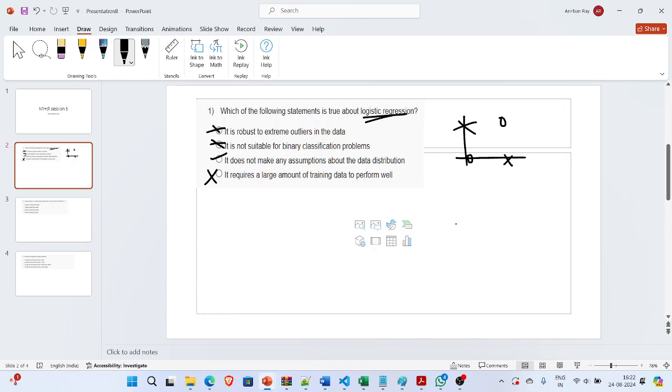For this type of problem you need some non-linear classifiers, because we are using non-linearity here. It's G, that is sigmoid here. This is sigmoid, but the classifier is still a straight line classifier. So for example, suppose you have this.